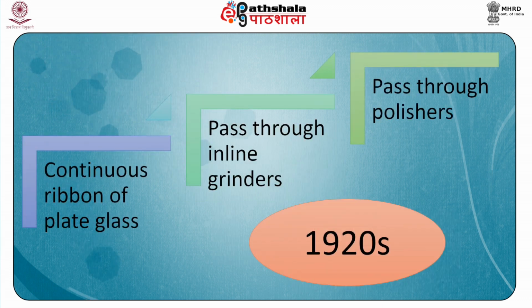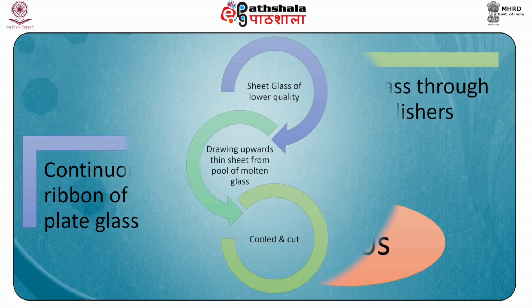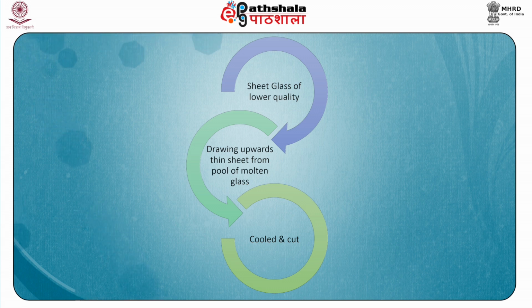From the early 1920s, a continuous ribbon of plate glass was passed through a lengthy series of inline grinders and polishers, reducing glass losses and cost. Glass of lower quality, sheet glass, was made by drawing upwards from a pool of molten glass a thin sheet held by the edges by rollers.